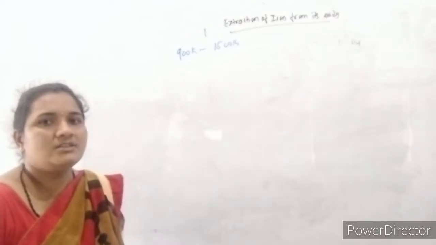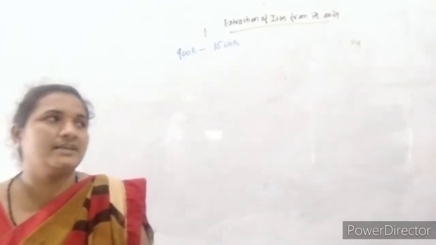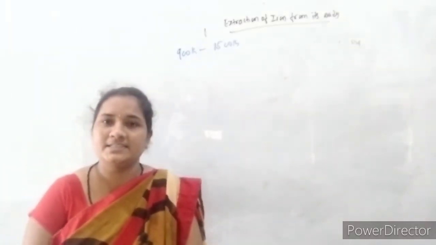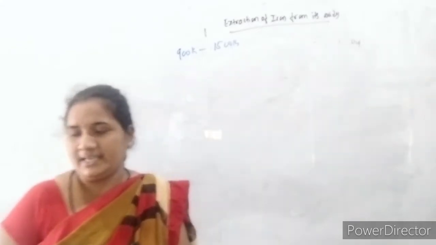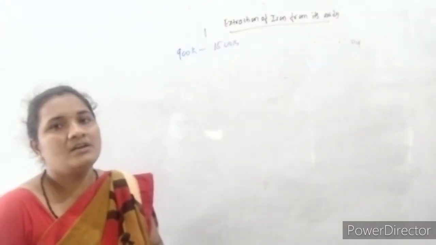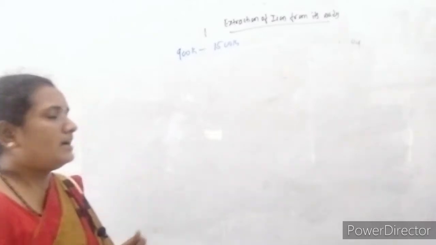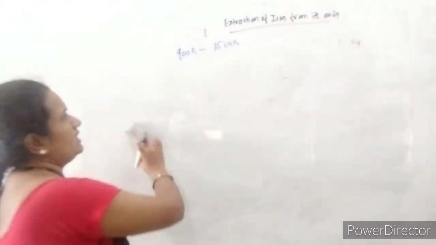The iron obtained by this procedure is not in a pure form. It contains 4% carbon, which is why it is called pig iron.